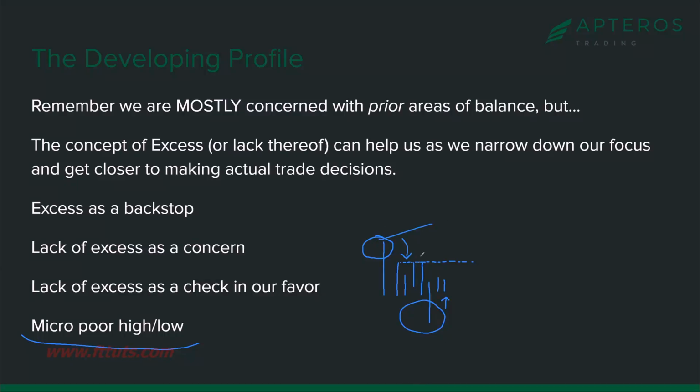Doesn't matter. There was a lack of excess right here as we retested that. And so if we're getting long, we're going to expect that the first thing to happen is that micro poor high to be taken out. We don't know what's going to happen after that point. Hopefully we have some higher time frame context, which is the real reason for getting long here. And then the micro poor high is just a first stop along the way where it would be nice to take some profits.